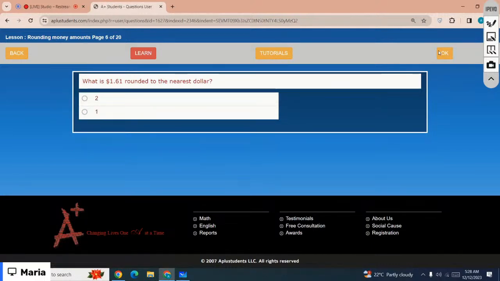The next one is what is $1.61 rounded to the nearest dollar, which is the correct option?